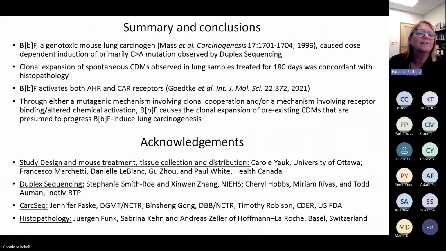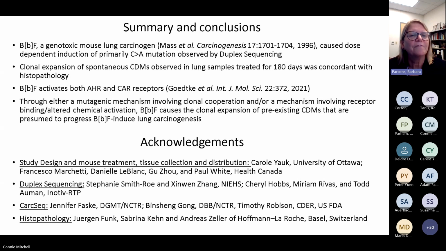So to summarize, BBF is a genotoxic mouse lung carcinogen. It caused dose-dependent induction primarily of C to A mutations observed by duplex sequencing, and that's Stephanie Smith-Rowe's beautiful work and her collaborators. We saw clonal expansion of cancer driver mutations in lung samples treated for 180 days that was concordant with histopathology.